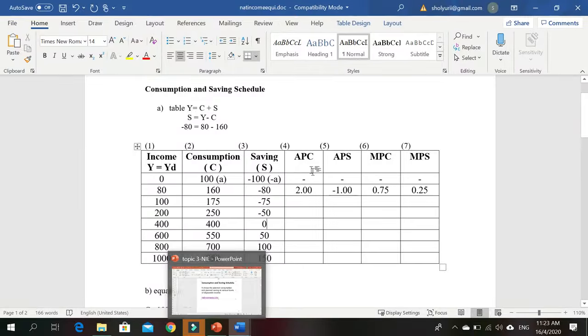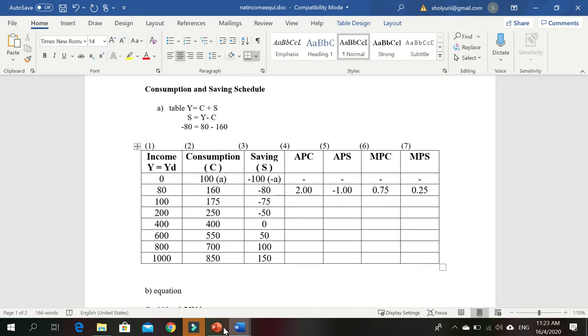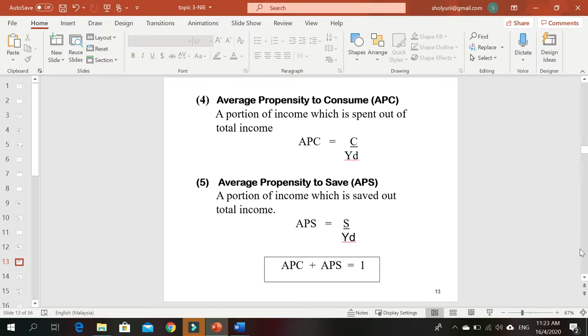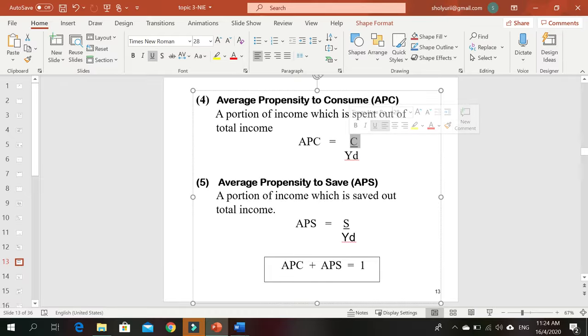Okay. Now, we want to fill in APC, APS, MPC, MPS. So let's look at the formula. APC. Average, when we say average it means purata, right? It must be something divided by something. So APC is a portion of income which is spent out of total income. So the formula is as simple as taking C and dividing by YD, the income that we have.